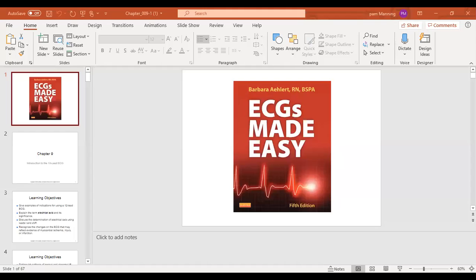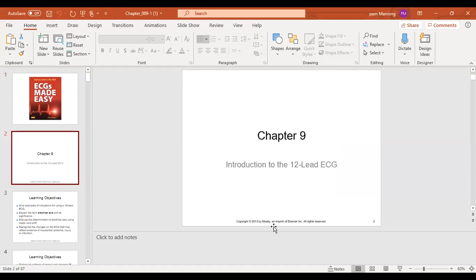I know a lot of nurses struggle with this EKG. This is a little more in depth compared to the other EKG slides that I am doing. This one is actually going to be talking to you about 12 lead EKG.